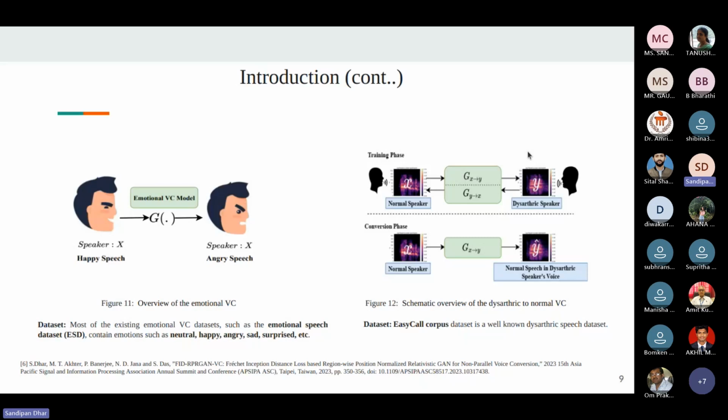Now we want the model to understand, for the same content, what the formant information is, which usually has some distortion in the dysarthric speaker, or maybe any other pathological speech. We want the model to learn what the actual formant information could be in the target domain.